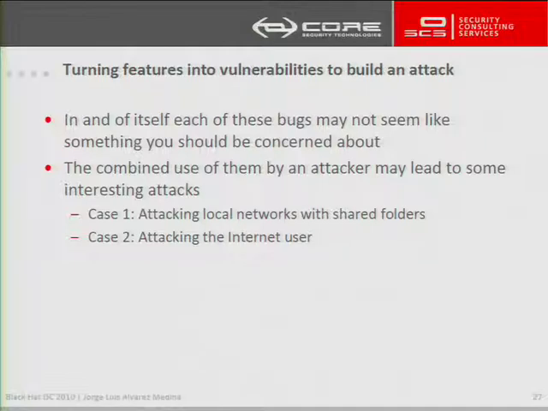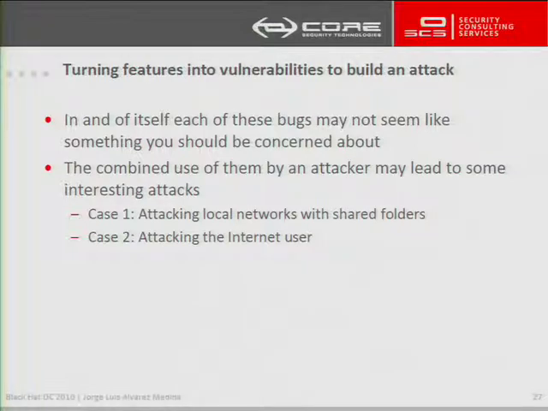Or perhaps the classification for the URL, depending on if it is an IP address or if it is a name, when referring to your local machine, perhaps it's not a big deal when analyzed on its own. But let's see how we can combine all of those features to carry out an attack. We'll discuss two scenarios.